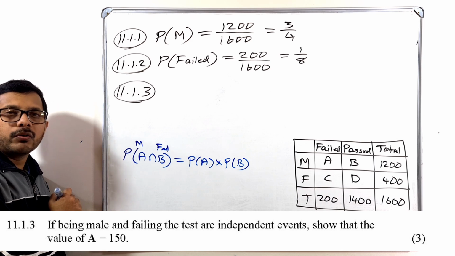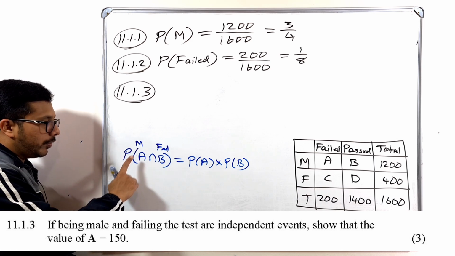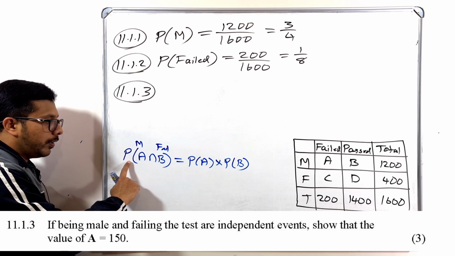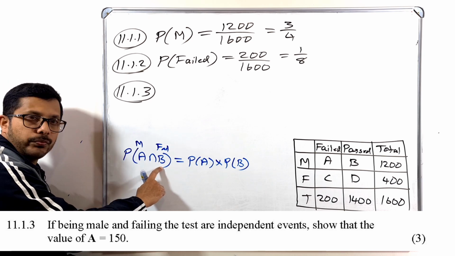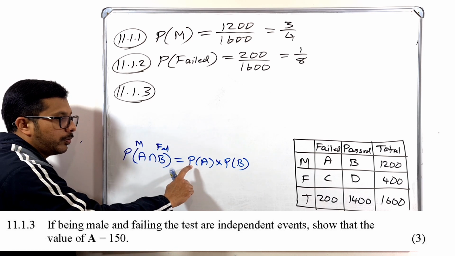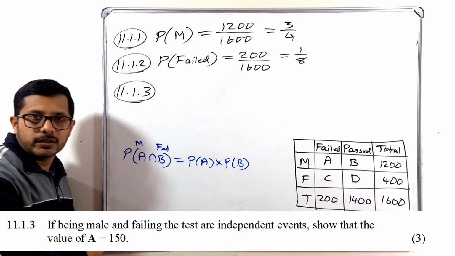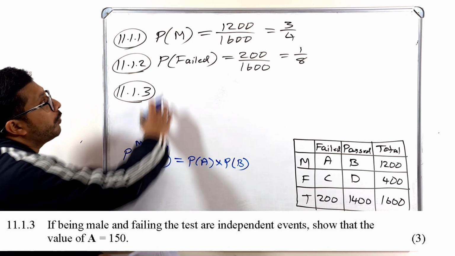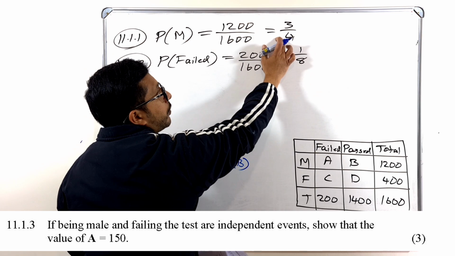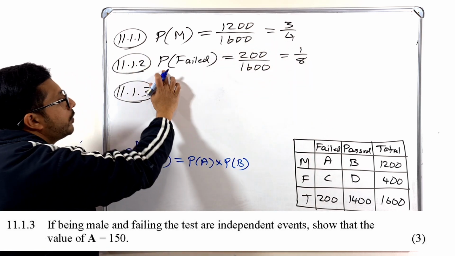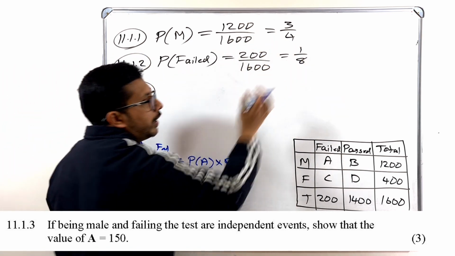So first you have to check the probability of male intersection fail, then the probability of male times probability of fail. The probability of male we know is 3 over 4 from the previous question, and the probability of fail is 1 over 8.